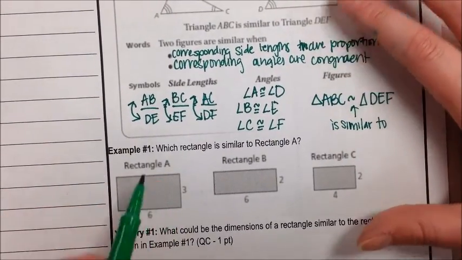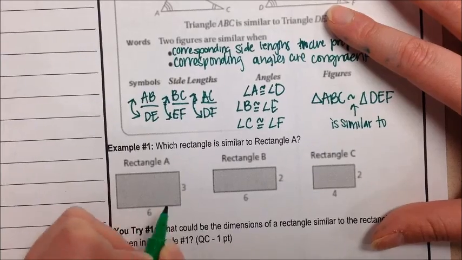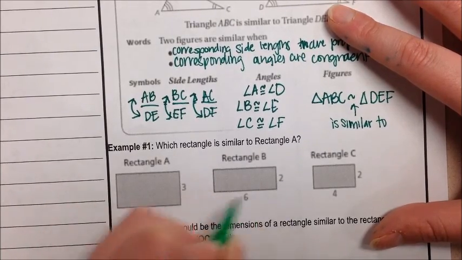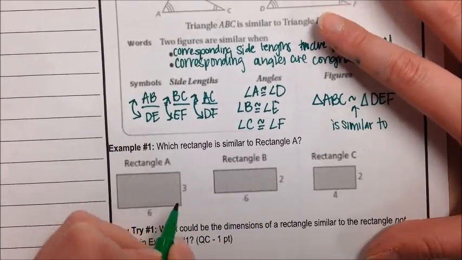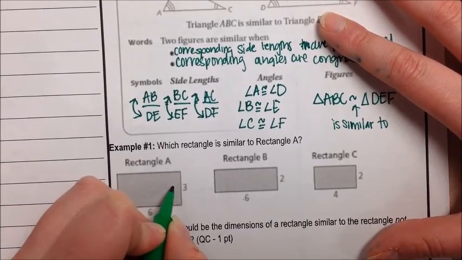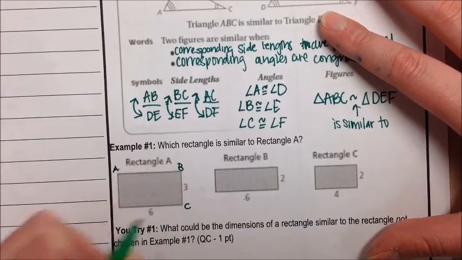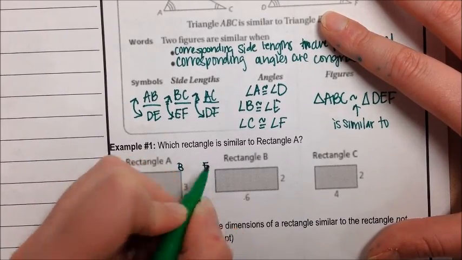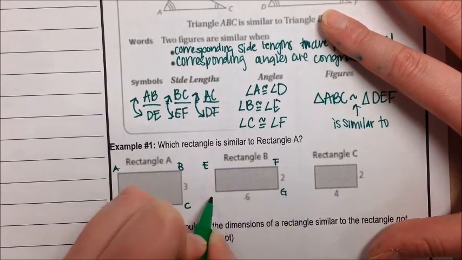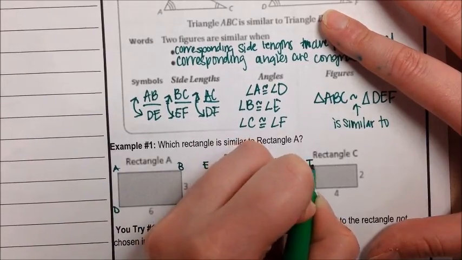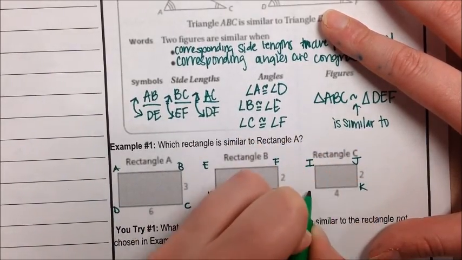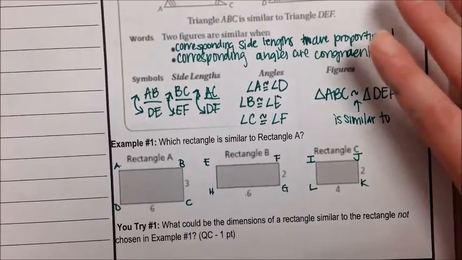Example number 1 says which rectangle is similar to rectangle A. I need to figure out if I divide this by this and this by this, do I get the same thing? So I'm just going to go A, B, C, D, E, F, G, H, I, J, K, that'll help me with labeling.